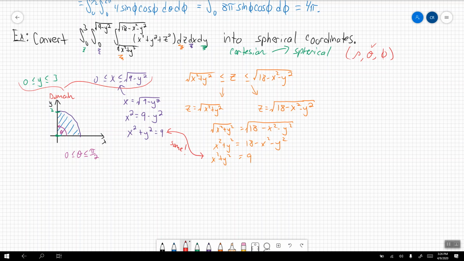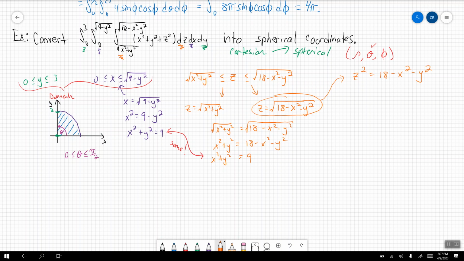All right, now since I know that intersection, that's going to be awesome because now I'm going to be able to use this equation here. Now, let's see why I want to use this equation. We know that these two surfaces intersect at this circle, which naturally gives us this domain that we initially observed. Now, because of that, I want to try to extract the largest rho amount that I need.